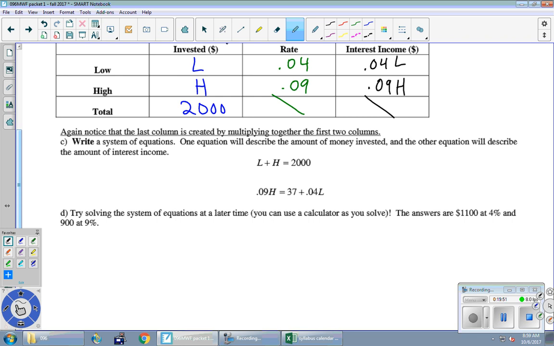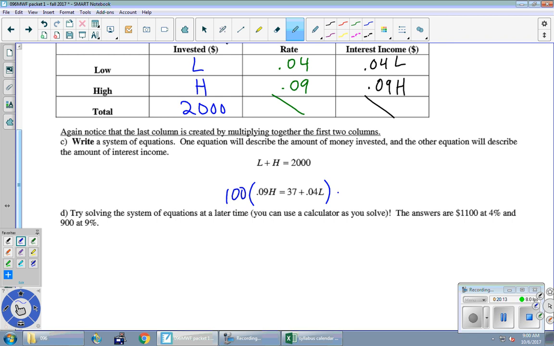Another thing you're welcome to do, but you're not required to do, is that if you don't want to deal with all of these decimals, you can multiply this whole equation by some magic number that will get rid of all those decimals. What magic number will do it here? 100. 100 is the magic number because multiplying by 100 moves the decimal point 2 places to the right.